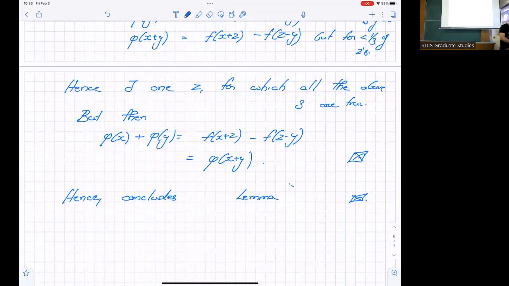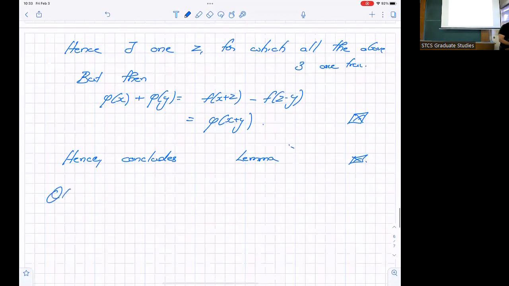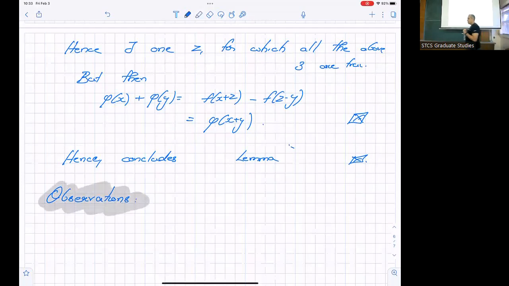Now let's make a few observations on what we did so far. Nothing we did so far used the fact that the function was Boolean, that the domain was 0, 1 to the n.